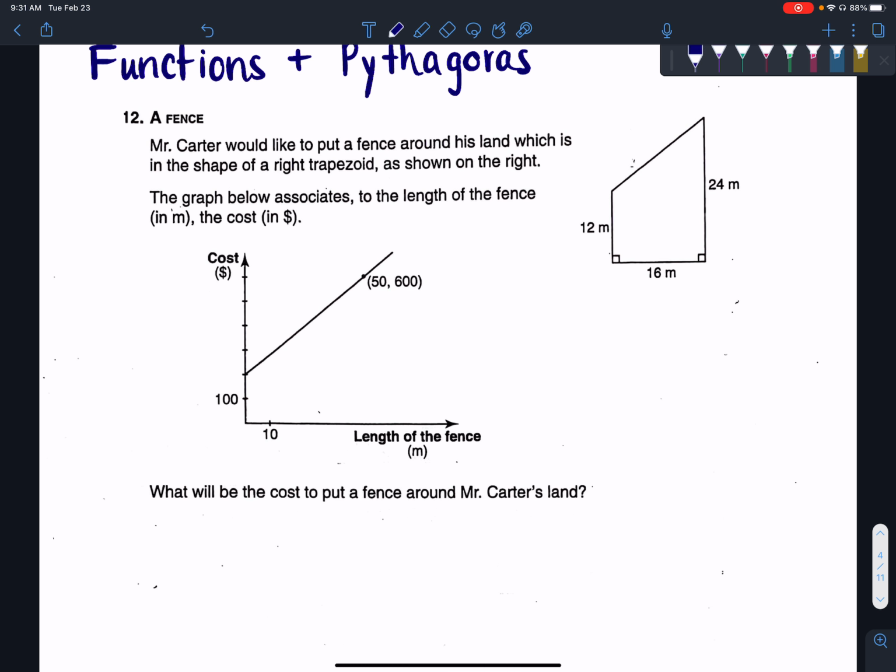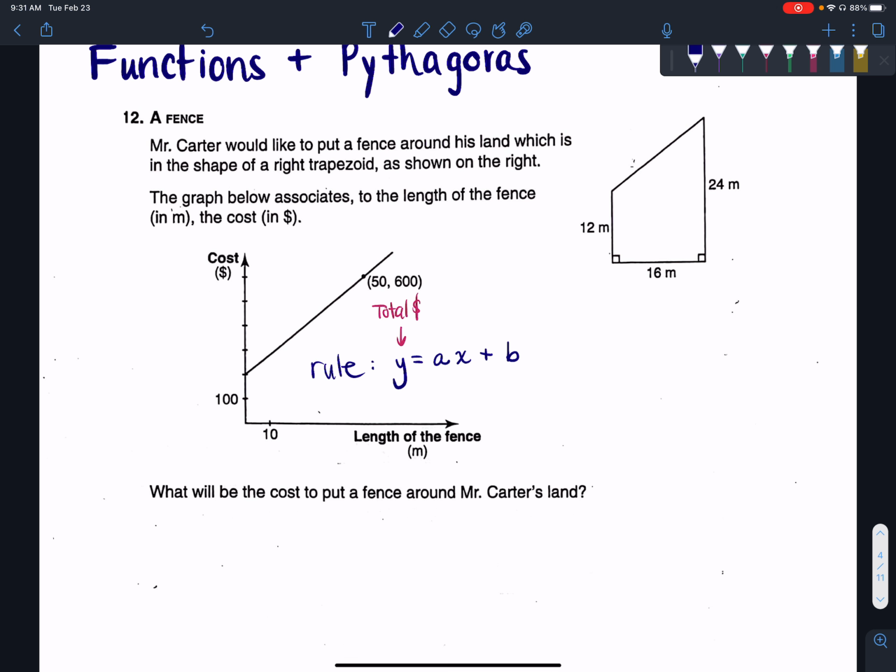So we need the rule for this fence company. For the cost of my fence, so the total amount of money that I'm going to spend on this fence, I need to figure out the slope times the length of my fence plus the initial value.